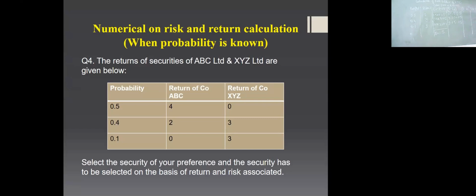2.25. Okay. Ma'am, can you check whether we have done Ri minus ER correctly? Ma'am, it's wrong.